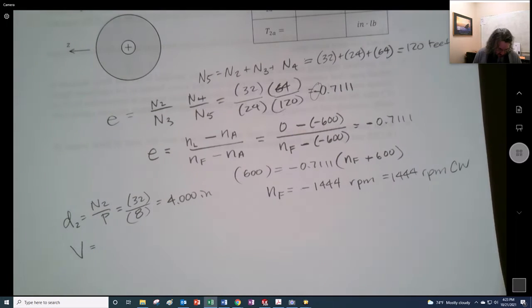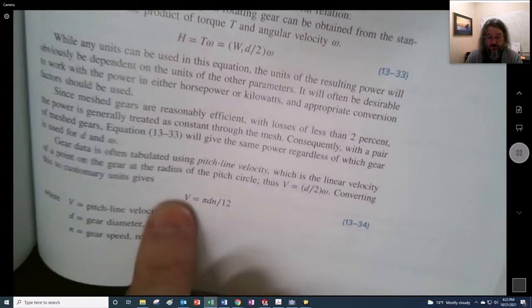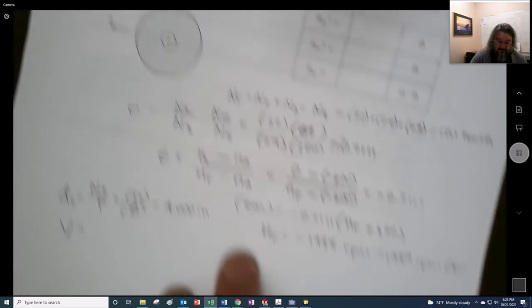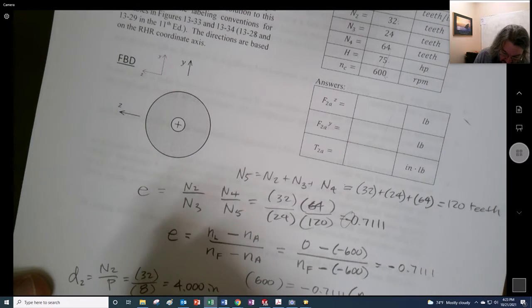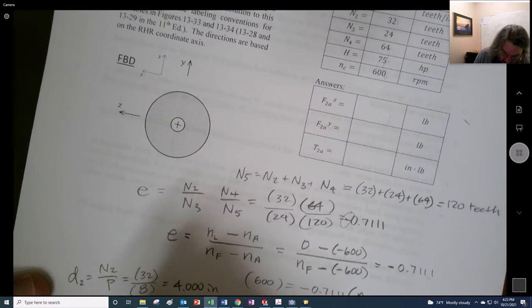I think the best way to proceed with getting the forces is to use the pitch line velocity equation. There's a couple different ways we could go about this. Unfortunately, that's confusing, but we're going to use the pitch line velocity right here. So V is equal to pi d n over 12.